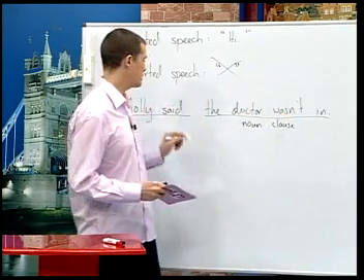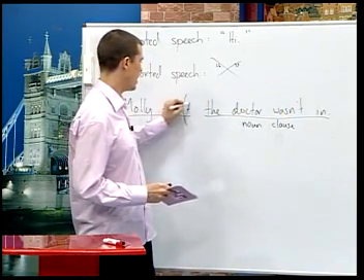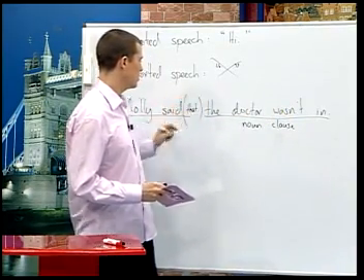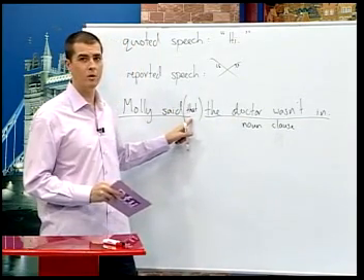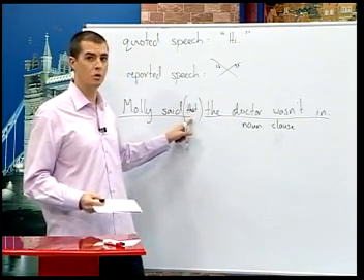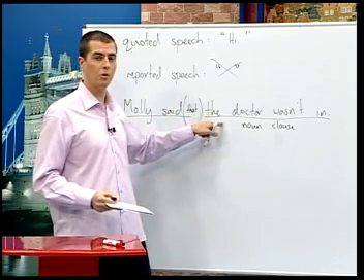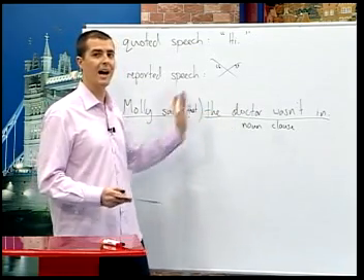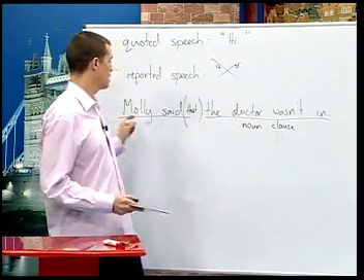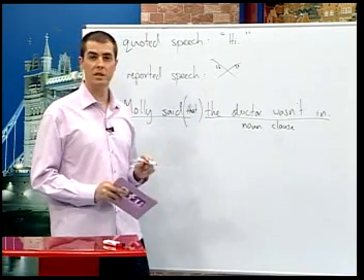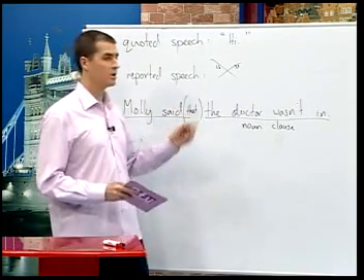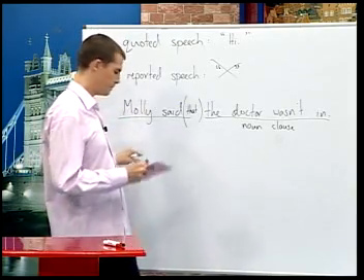Now, sometimes we can use that. We don't have to use that, but we can use that. And this helps us to know that this is the noun clause, because the noun clause comes after that. Molly said that the doctor wasn't in, or Molly said the doctor wasn't in.